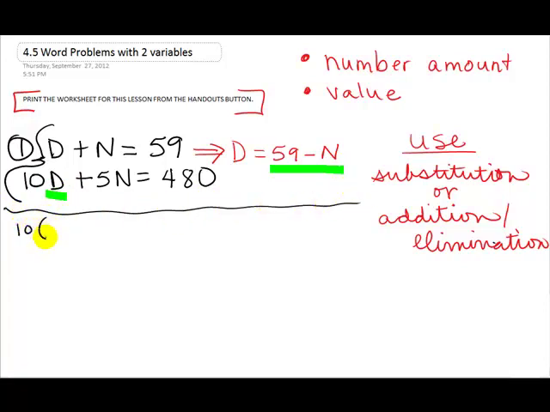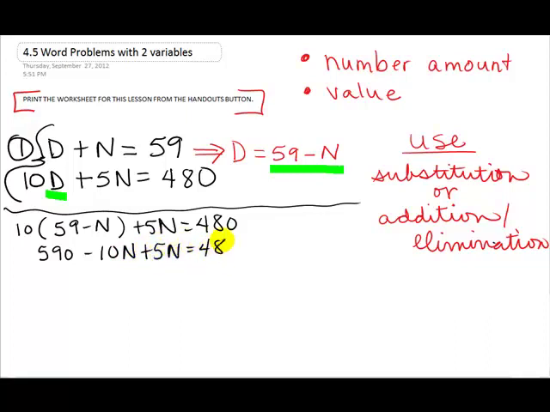So I'll have 10 times, and leave space for your substitute, and then come in and put it, and then just start working the equation. 10 times 59 and 10 times the negative N. Then we want to combine the like terms.